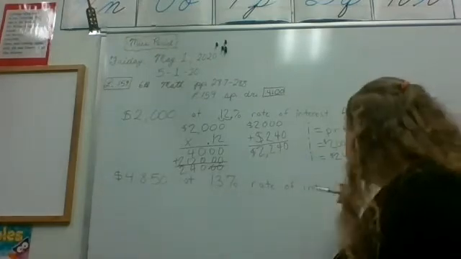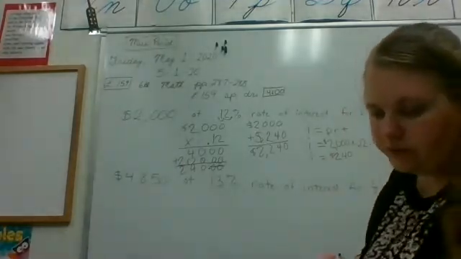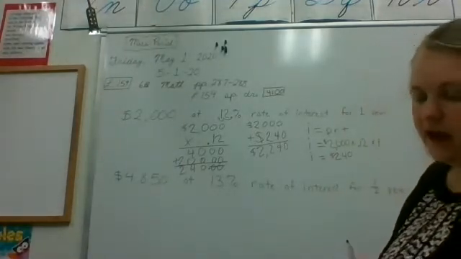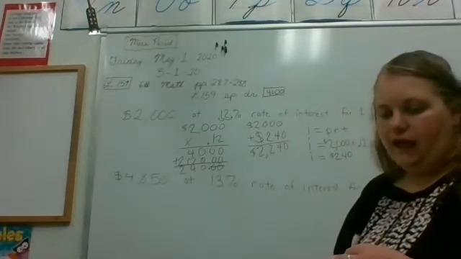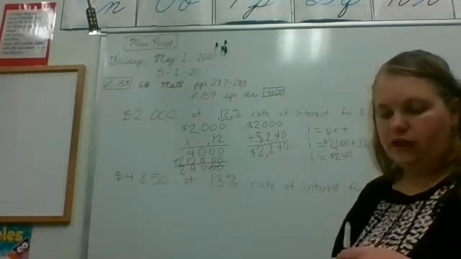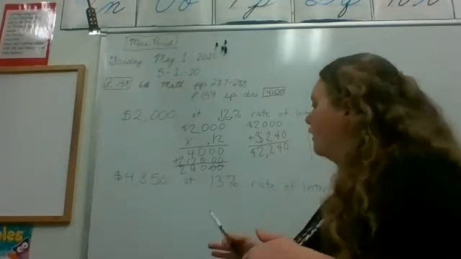All right, so that is how to do this. So on your page, you do have that: I equals 2,000 times 0.12 times 1, and I equals 240, and then 2,000 plus 240 gets you 2,240, okay?